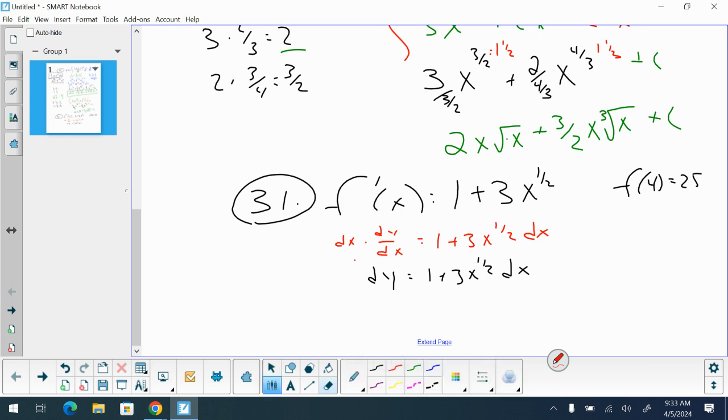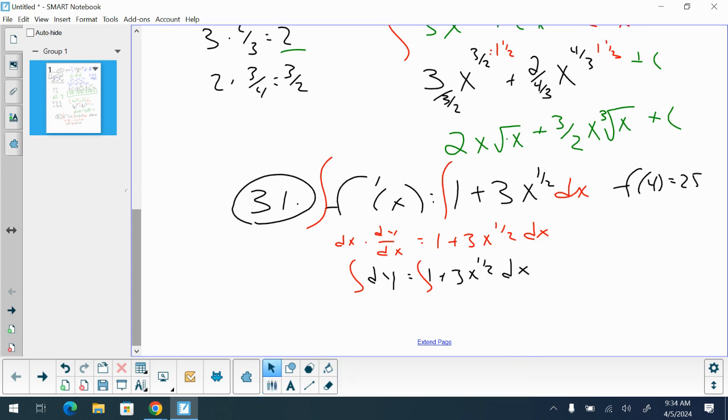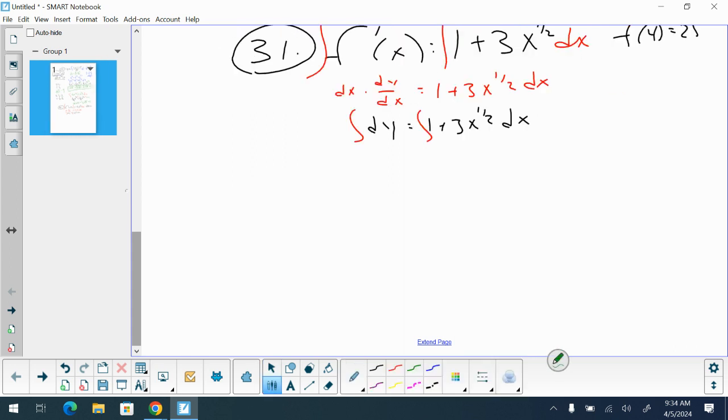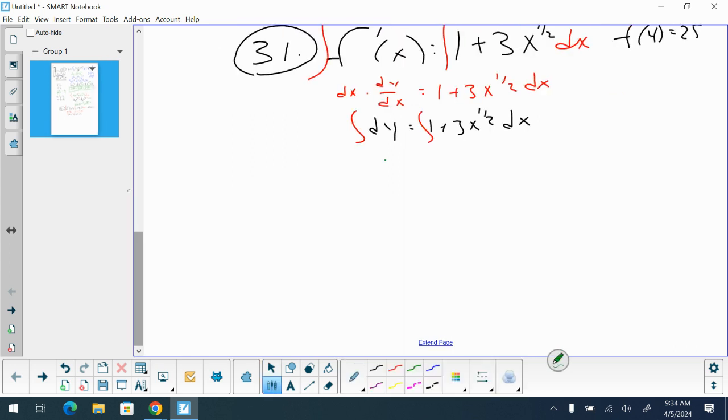Then to get rid of our differential, we can take the antiderivative. Or you can think, here's my derivative, how do I get rid of my derivative? I can take the antiderivative of both sides. Once again, either way is the correct way of thinking about it. When I take the antiderivative of my differential, the differential goes away and just gives me back y.